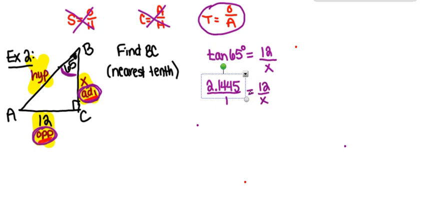Now I'm simply going to cross multiply again. So 2.1445x equals 12. Now I'm going to divide both sides by the 2.1445.